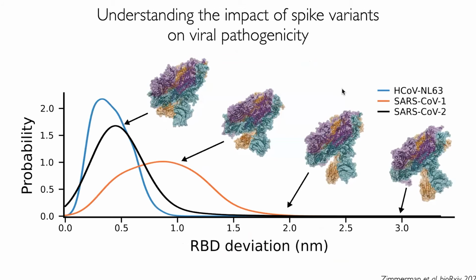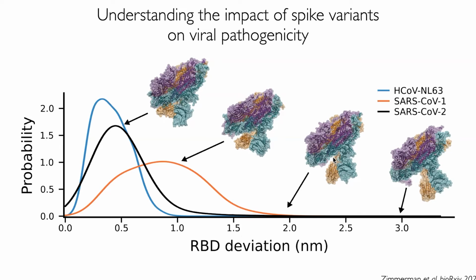So we also simulated the spike complexes from 2 other coronaviruses that also bind ACE2 to initiate infection. These are the NL63 virus and the SARS-1 viruses. And so what I'm showing here is the probability on the y-axis of different extents of opening of one of these receptor binding domains, or RBDs, like we saw opening up in the simulation that I just showed you on the previous slide.